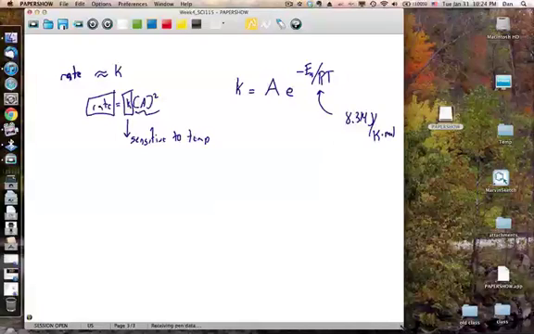Now, we have to be cautious that this means our units for activation energy would also be in joules. Though as you are well aware, we often see it reported in kilojoules, so we'll have to make those conversions.